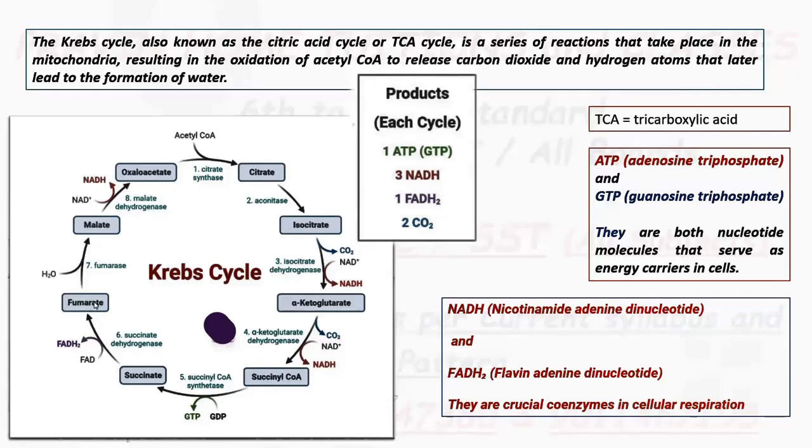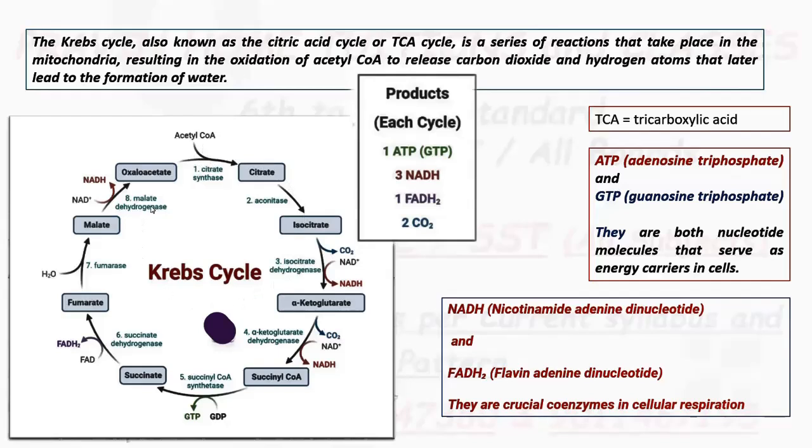Then fumarate reacts with the enzyme fumarase and forms malate. Malate reacts with the enzyme malate dehydrogenase and forms oxaloacetate. And then again oxaloacetate reacts with acetyl coenzyme A and forms citrate.